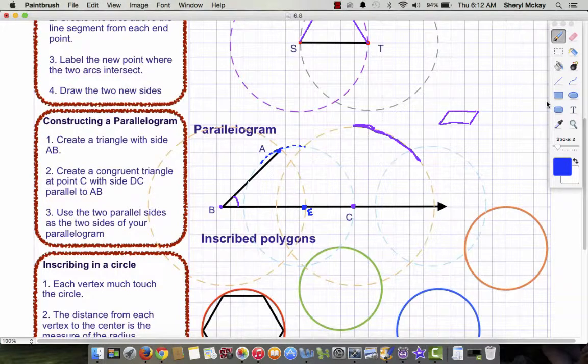Now I'm going to use my straight edge to draw this triangle that I've created. All the triangle is doing is helping me create this angle, because that's the angle that I want to reproduce.